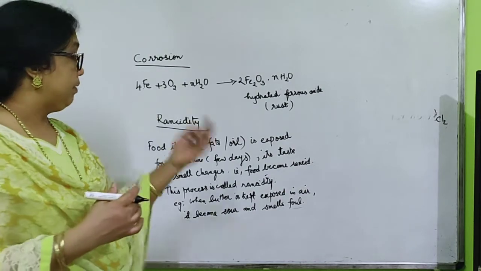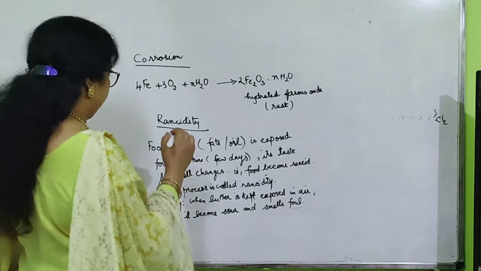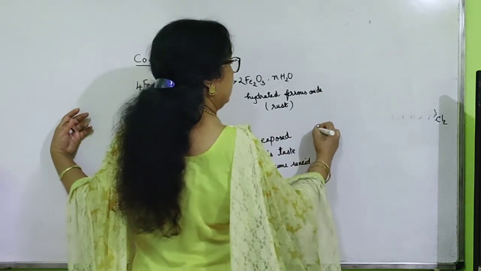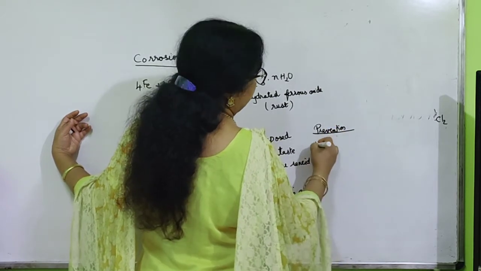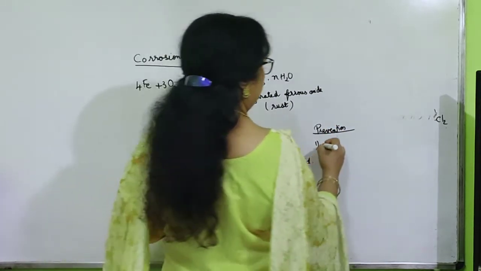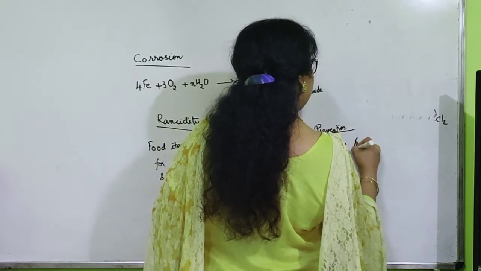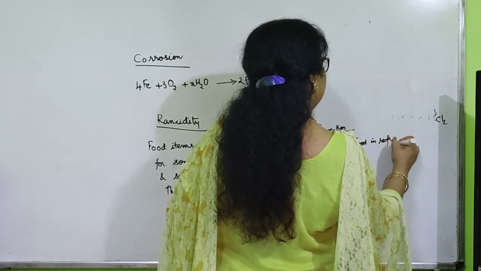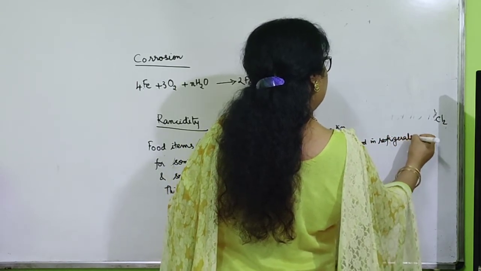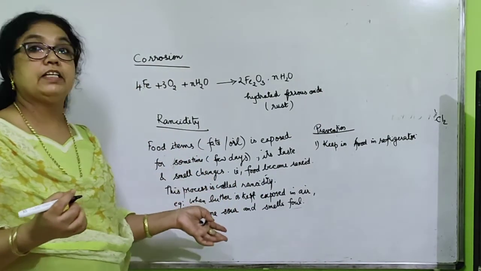So how can we prevent rancidity? What are the methods for prevention? Keep food in the refrigerator. Actually, rancidity, the change in taste and smell, is due to oxidation.